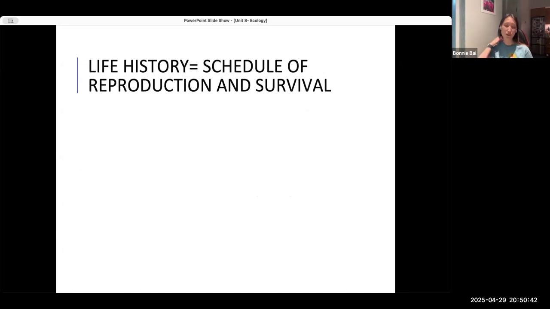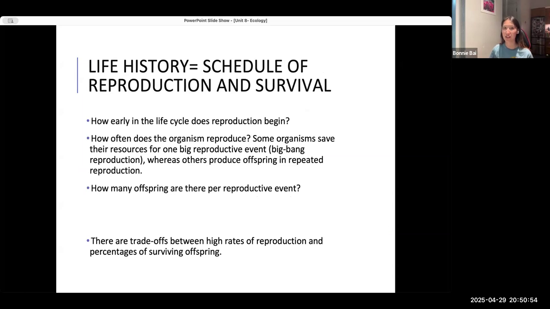Moving on. I was talking about the elephant and the bacteria and the jellyfish and plants being able to grow their population much faster versus not. Here are the considerations: how early can they reproduce? How often do they reproduce? Do you have to wait a bunch of years to reproduce again, maybe one year, or can you reproduce continuously like the bacteria?